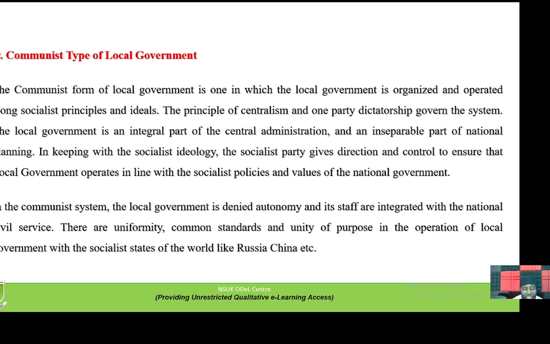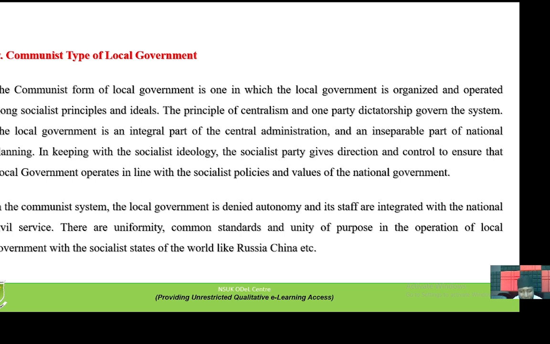In keeping with the socialist ideology, it is all about socialism and socialist principles. The Socialist Party gives direction and control to ensure that local government operates in line with social policies, social values, and national government. In this communist type, the local government is denied autonomy and the staff are integrated with the national civil service.